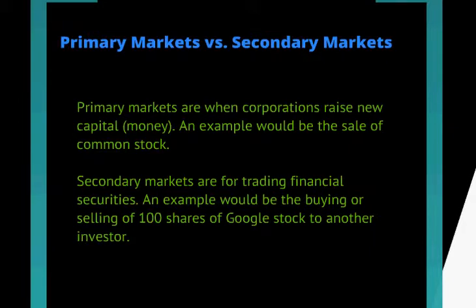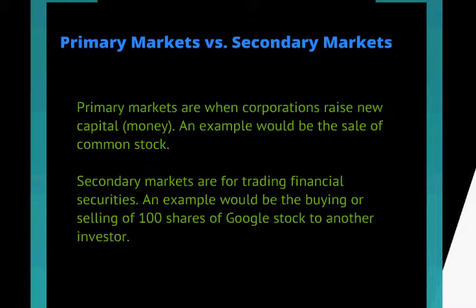The third one is primary versus secondary markets. Primary markets are whenever a company is selling either debt, such as a bond, or equities such as common stock or preferred stock. They sell those pieces of paper for a promise of future cash flows, and the purchaser gives money for those financial instruments, and that money goes right back to the company.